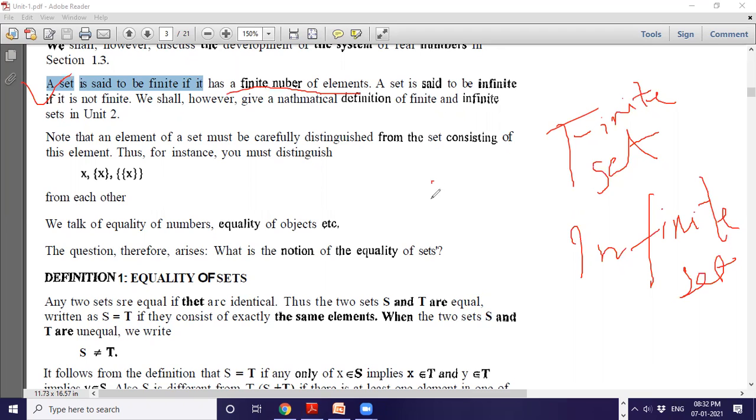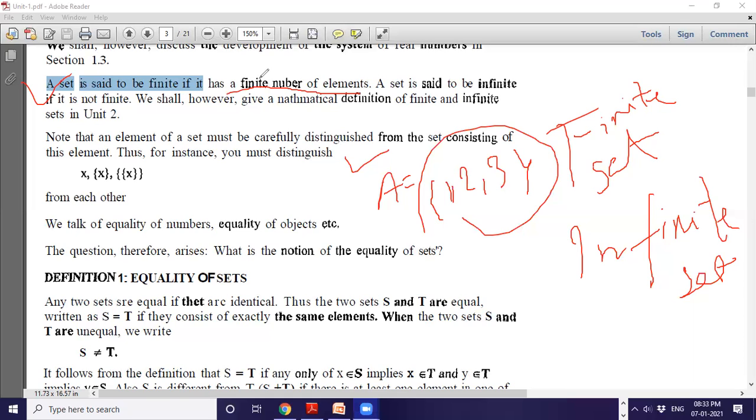If a set has a finite number of elements, like I wrote 1, 2, 3, this set has 3 elements, right? Then this set will be a finite set. Similarly, if I write A is equal to 1, 2, 3, 4, 5, that is a set of 5 elements. So a set is finite if it has a finite number of elements. Then what is an infinite set? An infinite set means those sets which have what?